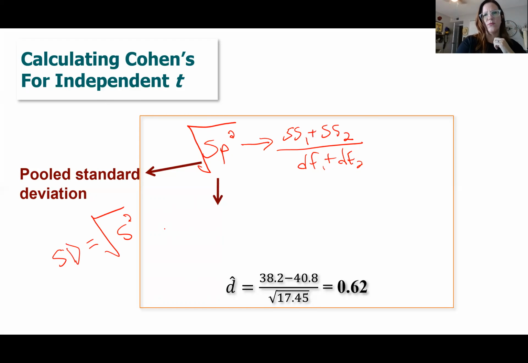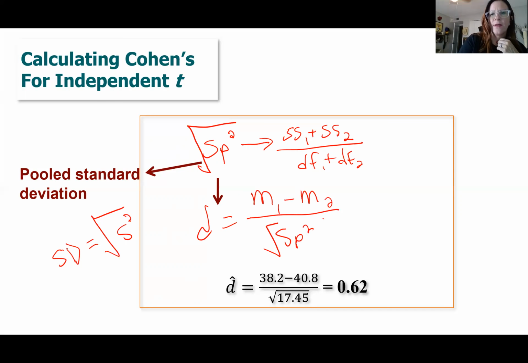So for this, we're basically doing the pooled standard deviation, but in the actual equation, so we have d equals mean 1 minus mean 2 over SP squared there, right?